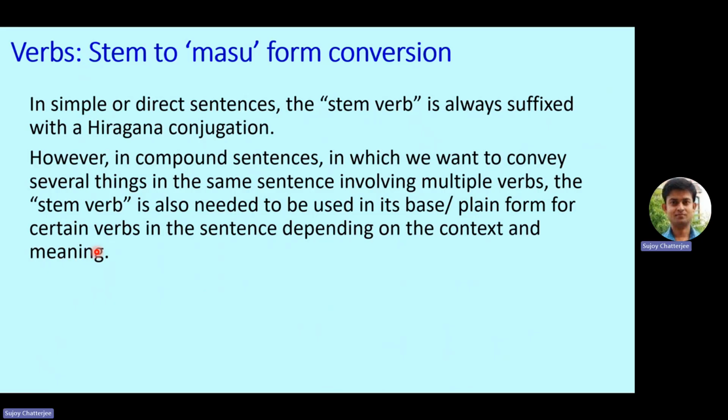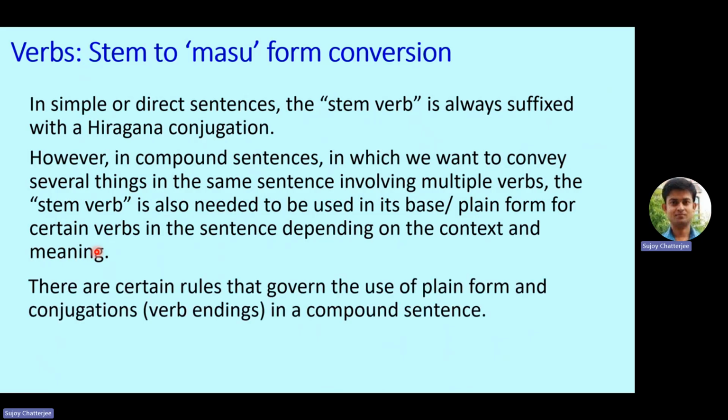For the other verb, we have to use either its root form, that is the stem verb, or some other form which we will see later as we move along. So in compound sentences, there may be multiple verbs and they may appear in their base form as well. And at most one verb will be in the mas form.